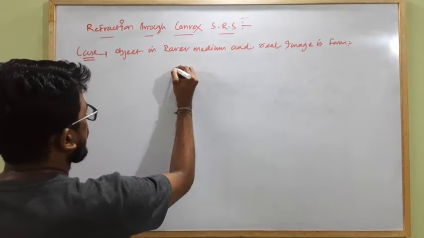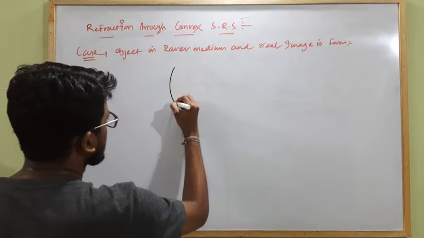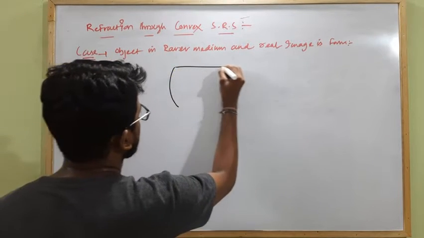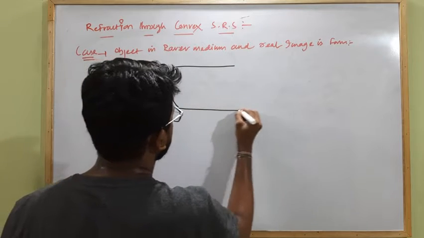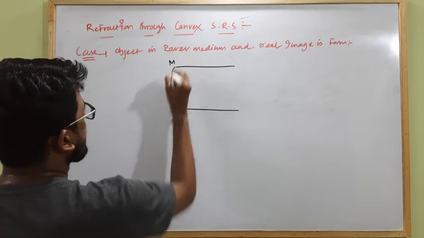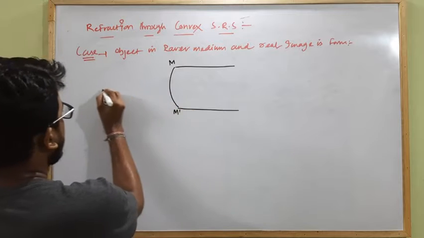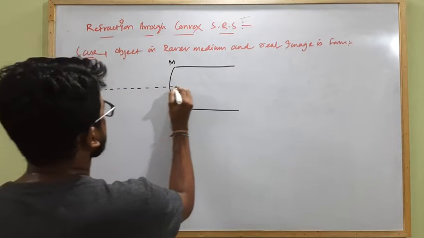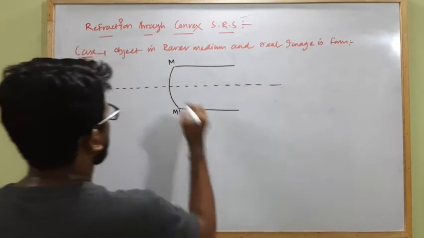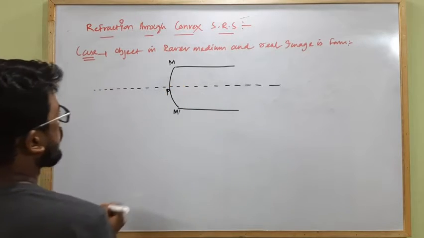So let us first draw a convex spherical refracting surface like this. Let its name be M dash, and this is the principal axis. Let this point be P, the pole.